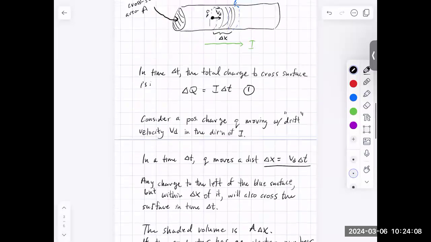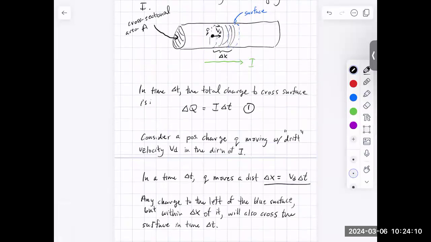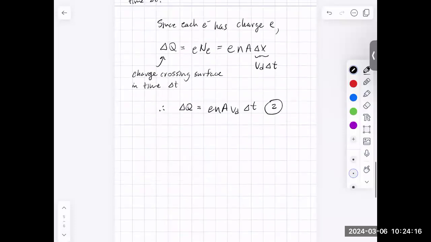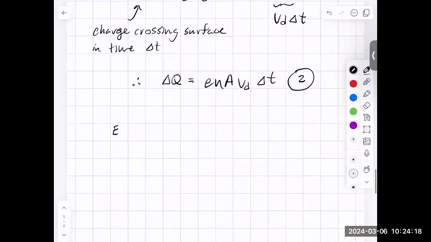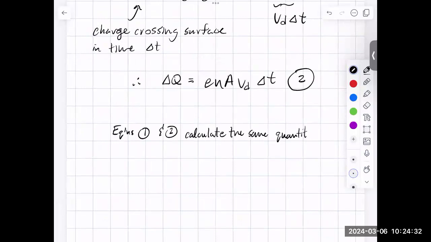Equation 1 said that the total charge crossing our surface is just current times delta T. So equations 1 and 2 calculate the same quantity and must be equal to one another.